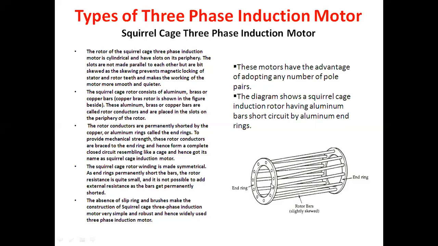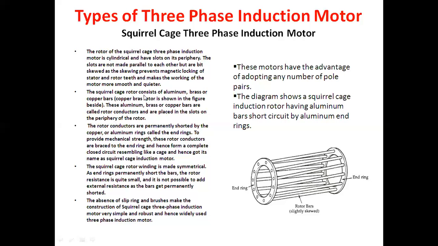It is clear from that figure that the slots are not parallel but a bit skewed, as the skewing prevents the magnetic locking of stator and rotor teeth and makes the working of the motor smoother and easier.